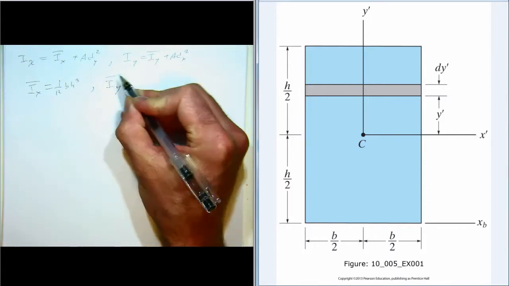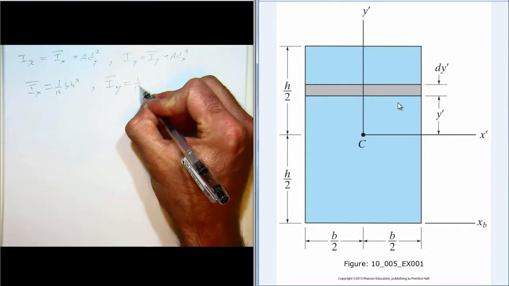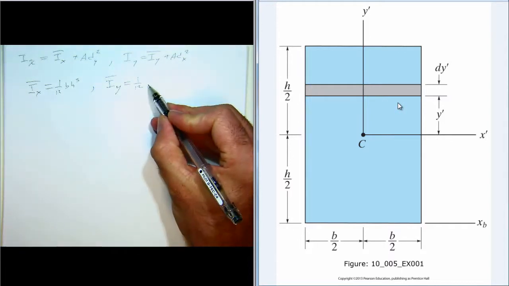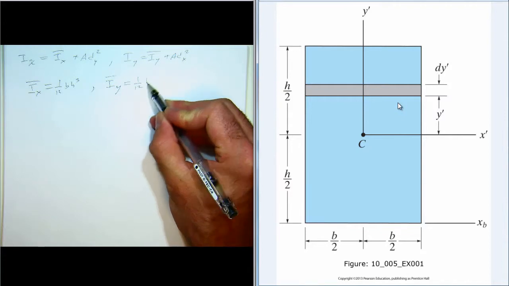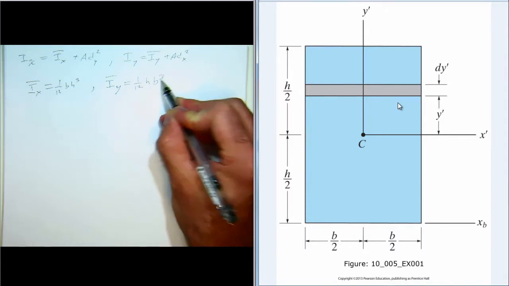So Iy bar, which is the moment of inertia about the centroidal y-axis, that is 1/12, and then the first term is the dimension that's parallel to that axis, so it's h, and the second term is the dimension that's perpendicular to that axis, so b cubed.